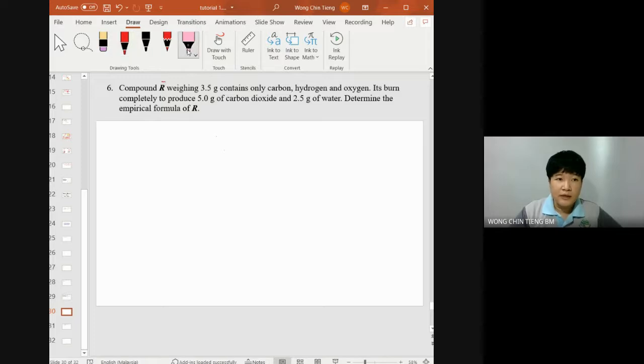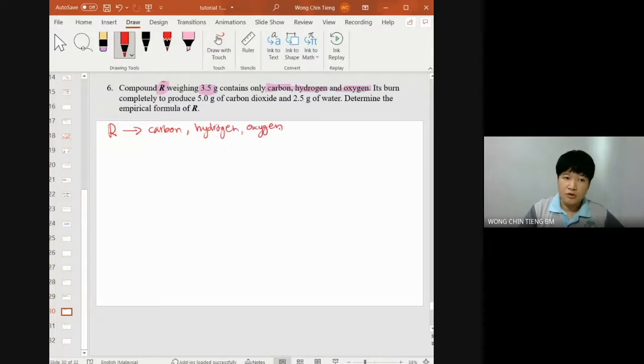Stated clearly over here, your compound R is 3.5 gram, have carbon, hydrogen, oxygen. Macam biasa, keluarkan. My R is made up of carbon, made up of hydrogen, and made up by oxygen. And my R total is 3.5 gram. Given. It's burnt completely to form 5 gram of carbon dioxide. So in the question, I have 5 gram of carbon dioxide.